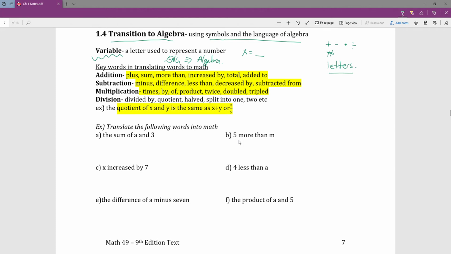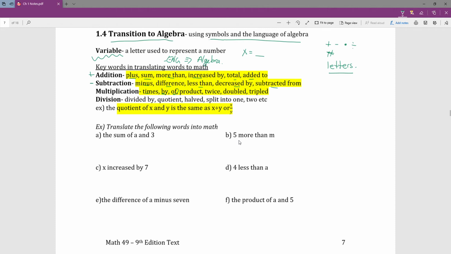So the keywords for addition would be plus, sum, more than, increased, total, added to, all that. Subtraction is minus, difference, less than, decreased by, subtracted from. Multiplication would be times, by, these are tricky, like 2 by 4, right?